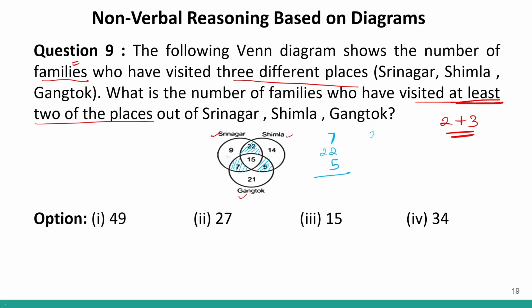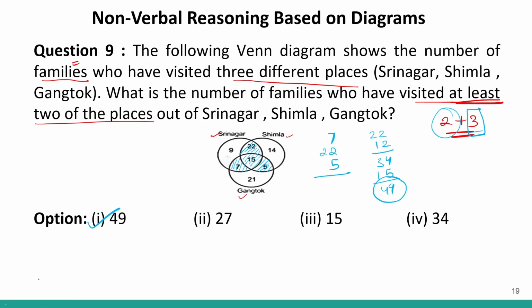So this will be 12. 22 plus 12 will give me 34. Now, at least 2. But we have to look at the families which have visited all 3 places as well. So this number represents the number of people that have visited all the 3 places. So plus 15. So this will give me 49, and your correct answer will be option number 4, 49.